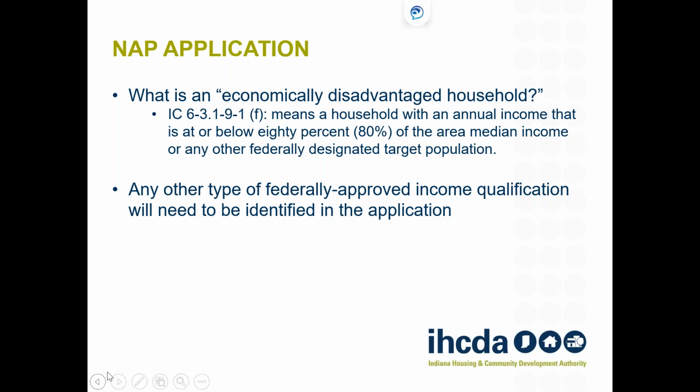Whatever target population you choose, income status does need to be a part of that target population's definition. I know some agencies specifically support individuals with developmental disabilities or maybe physical disabilities, and that alone does not meet the definition of economically disadvantaged household. You will need to show that the individuals you are serving with funds from NAP credits are economically disadvantaged households, and you'll need to show how you income qualify them.